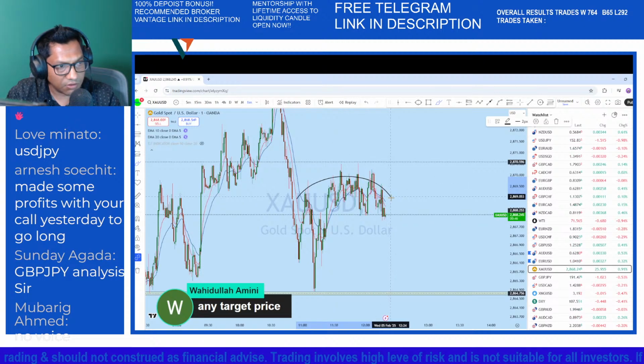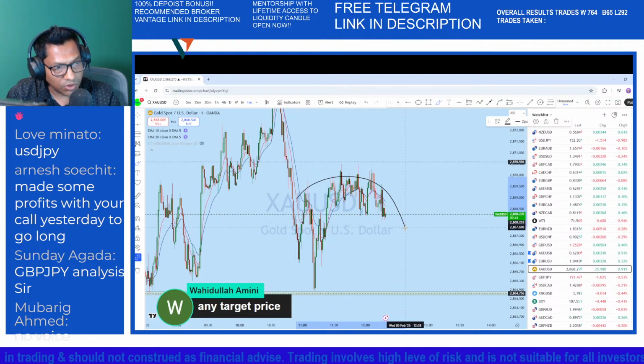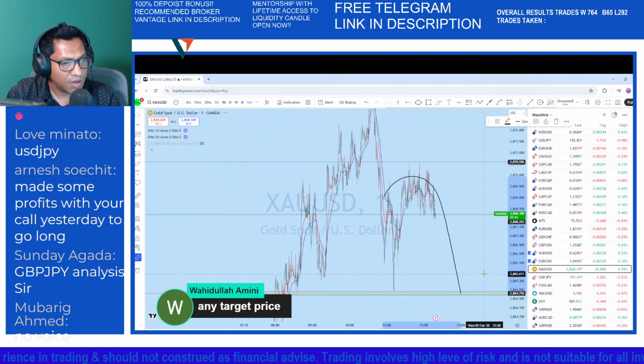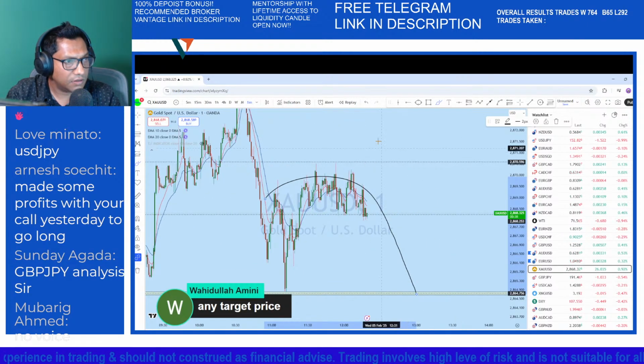This is a semicircular structure. We want to see it's coming back here to that support level.